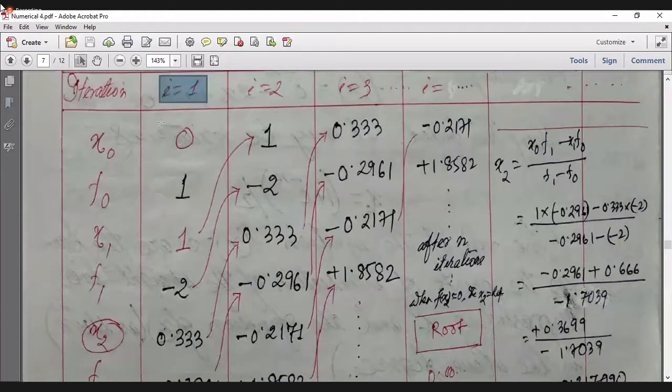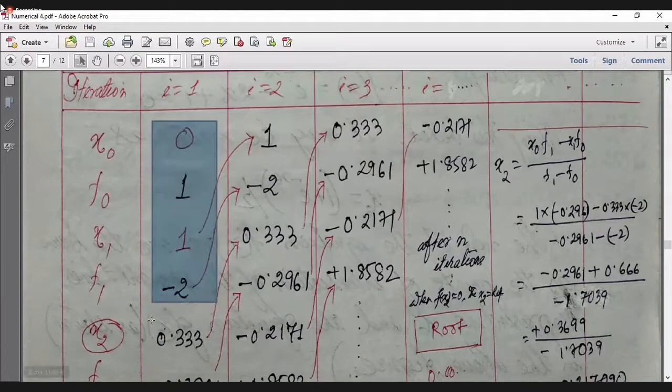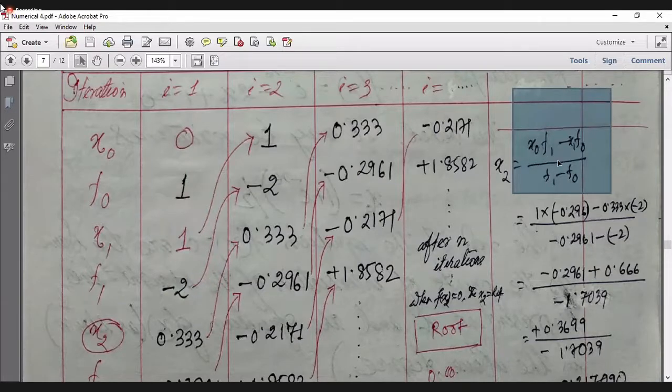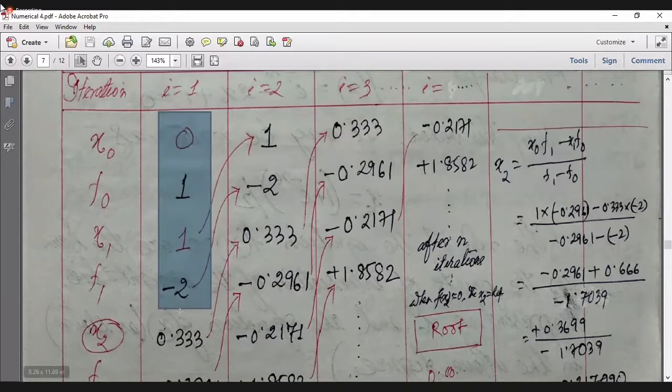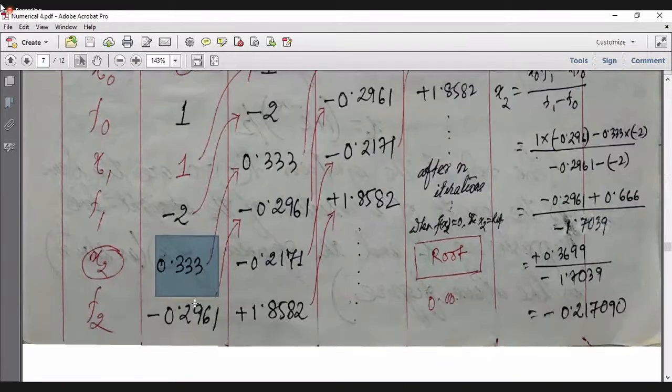My two starting points are 0 and 1. Then I find f of x0 and f of x1. With these four values, I can calculate x2, because x2 is given by this formula. Once we know these four values, I calculate x2, and then f of x2.